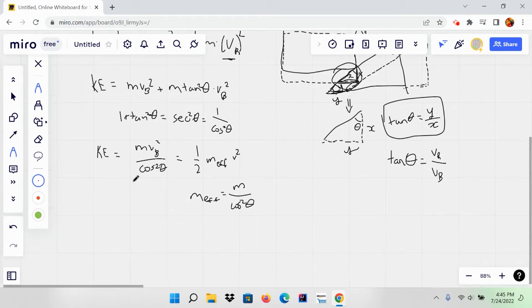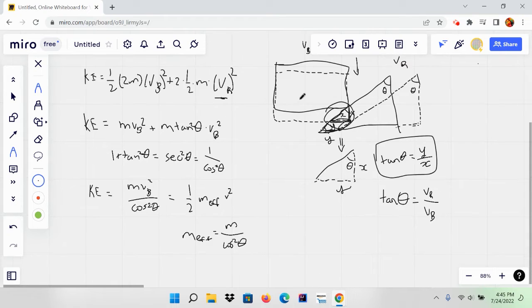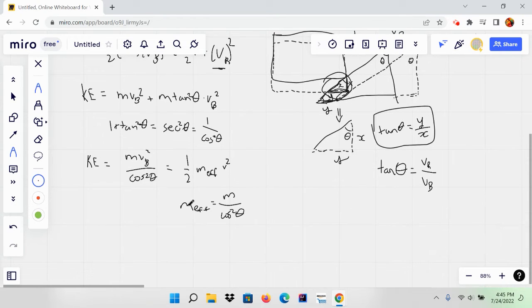And we also know that this kinetic energy is coming from the block going down a distance x. So this kinetic energy is also equal to mg times x. And this is also going to be equal to your m effective times your g effective times x.